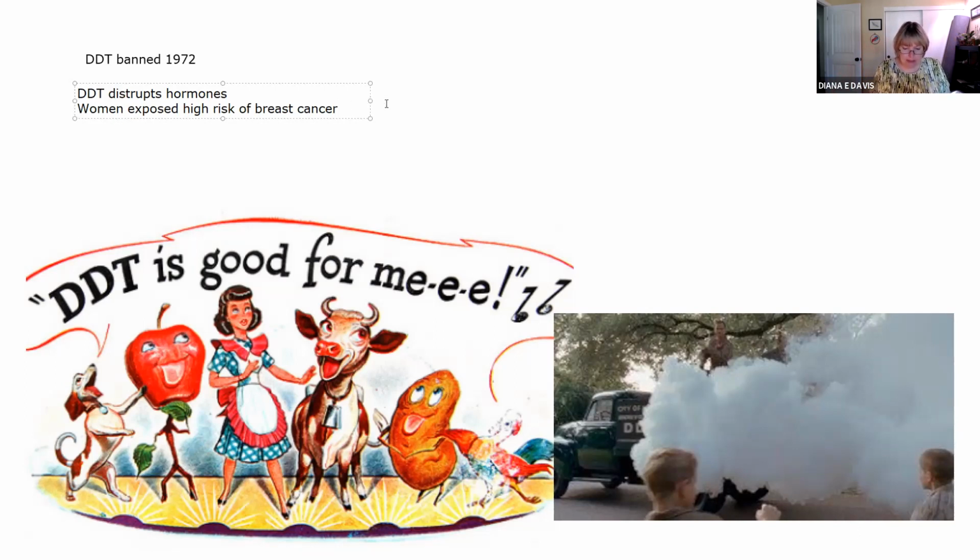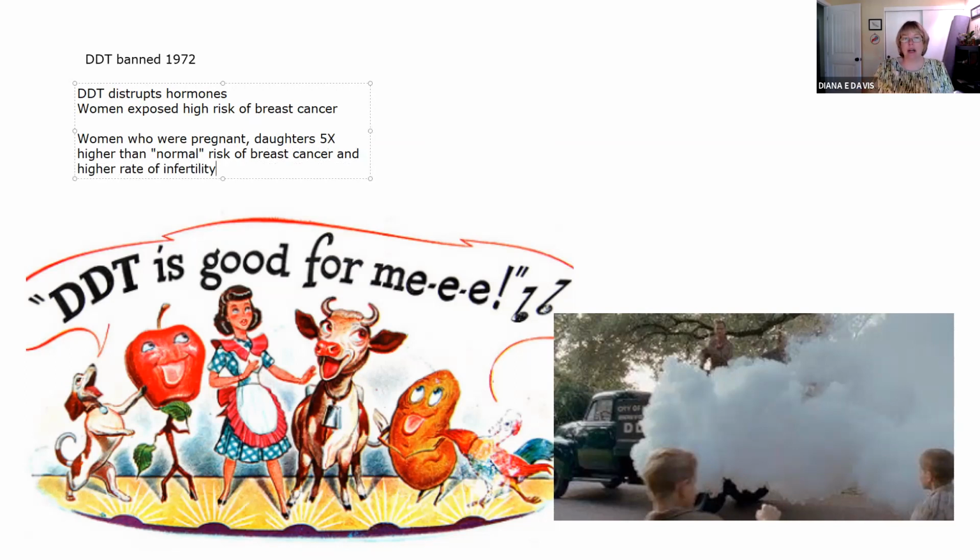Okay. So DDT disrupts hormones, can increase the risk of breast cancer. It gets more complicated. Women who were pregnant and exposed to DDT and had daughters, their daughters would have 5 times higher than normal risk of breast cancer and high rates of infertility.